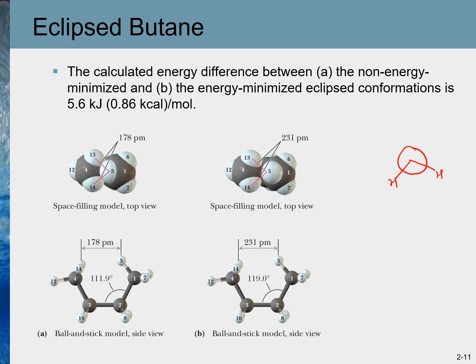So the circle represents carbon number 2, and carbon number 1 is connected here as CH3, and carbon 3 is right behind carbon number 2, and the blue hydrogens and blue methyl group represent the methyl group and hydrogens connected to carbon number 3.